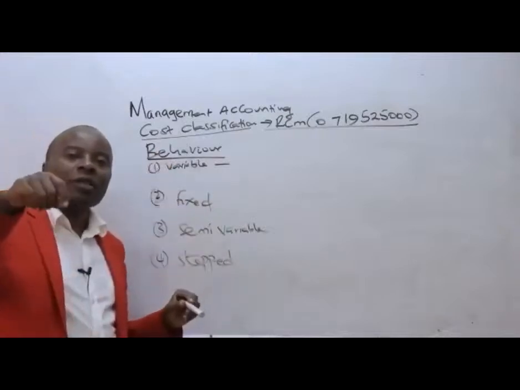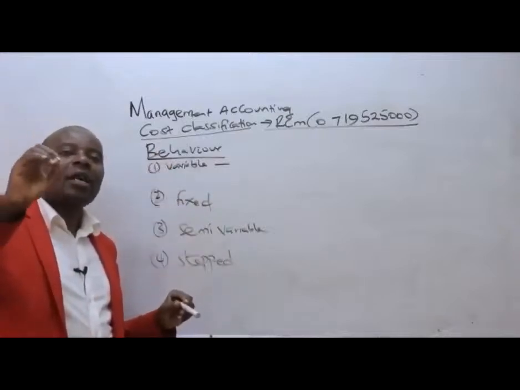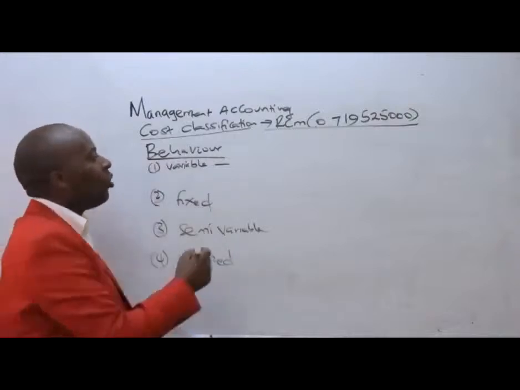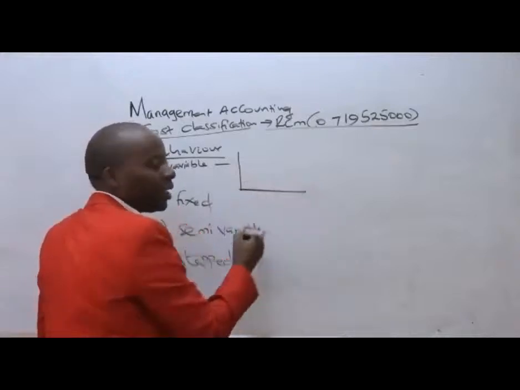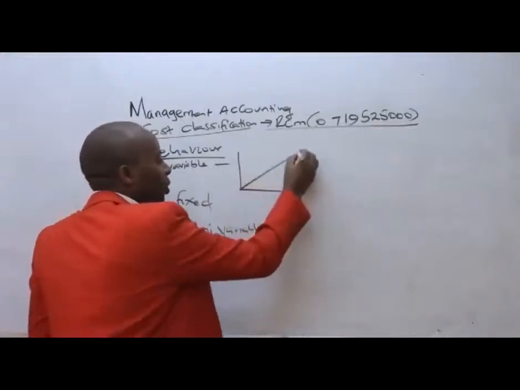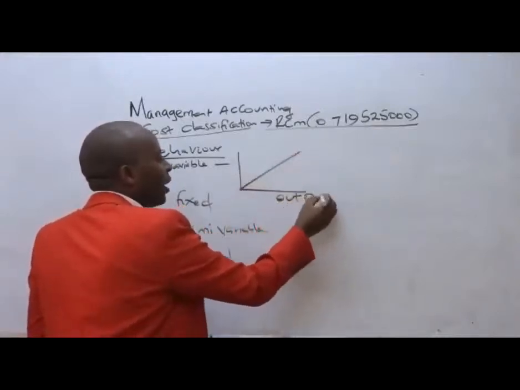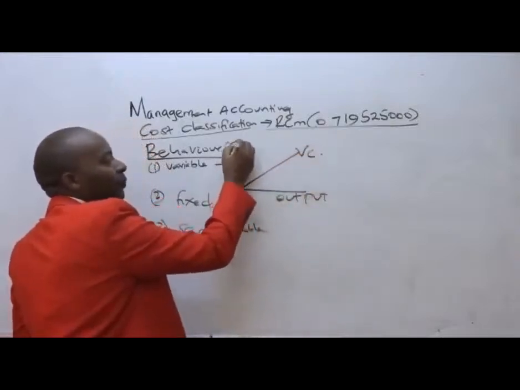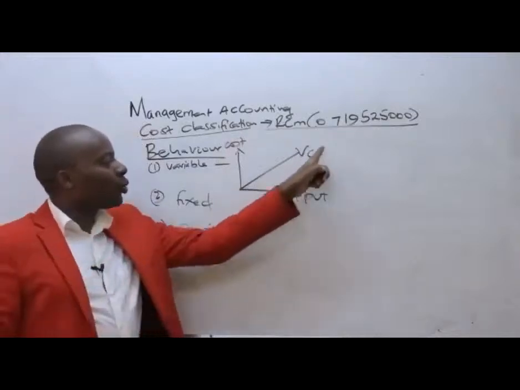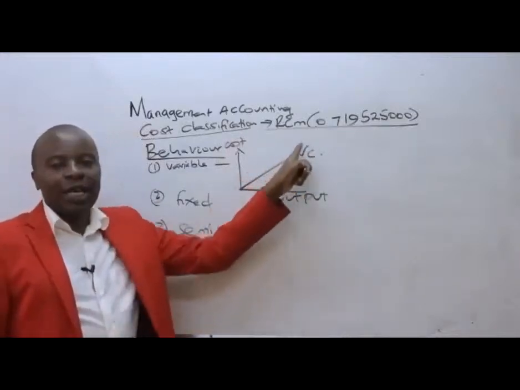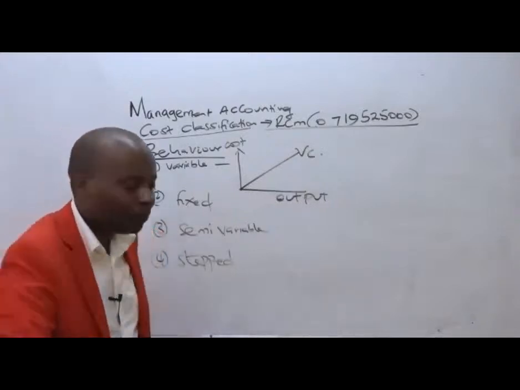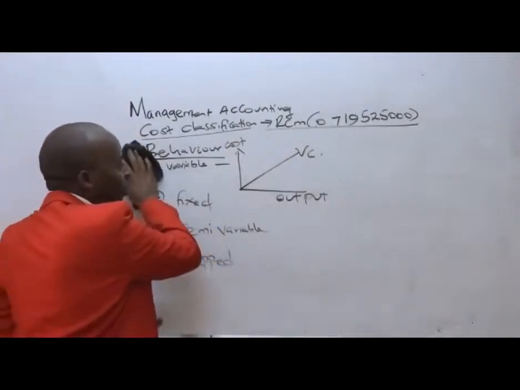These are those costs that change as the output changes, and normally they'll have a direct relationship. If this is output, then variable cost will behave like this. You can see as the output increases, variable costs are increasing. Great. So that is all about variable cost.